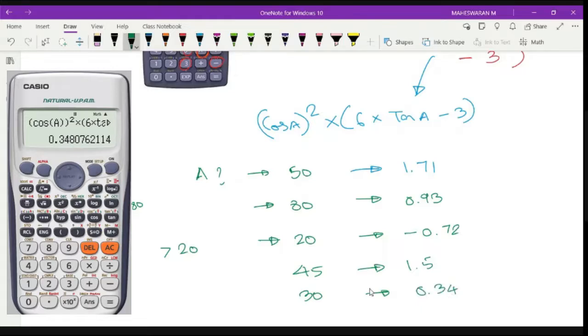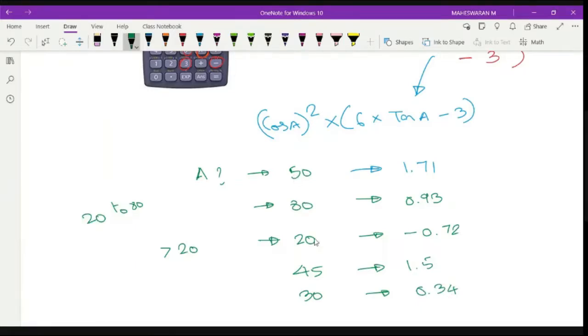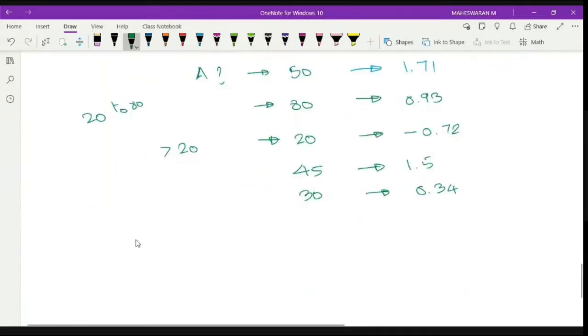So when the angle decreases from 50, it is reducing a lot. I'll conclude that it will be in between these two, 1.7 being the maximum and 0.93. So let me increase it; it will be from 50 to 80. I'm guessing based on these values.